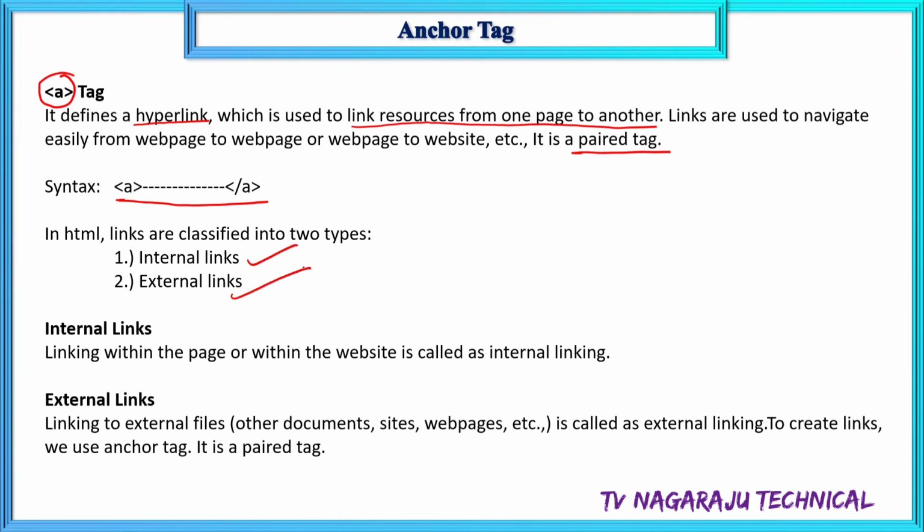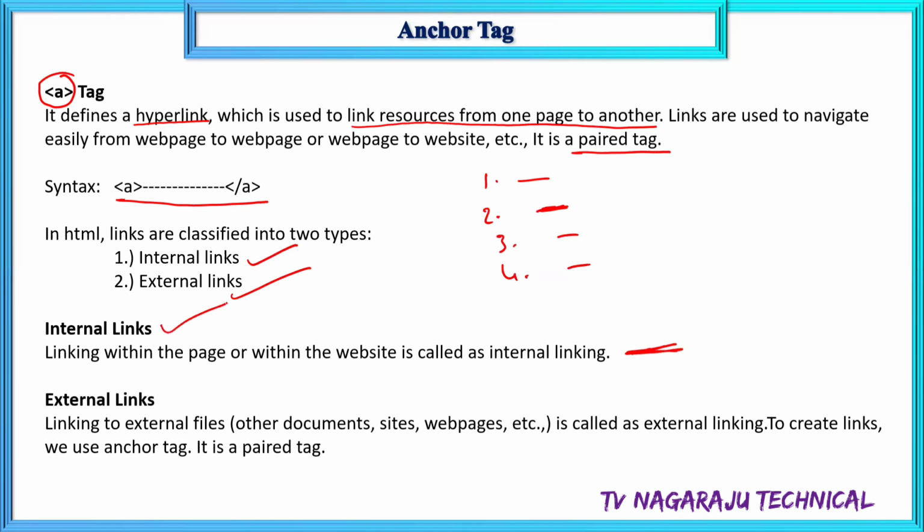What is meant by an internal link? Suppose you click on a link and it opens in the same page. For example, if you open some website, within the website some headings are there, initially 1, 2, 3, 4 like this. If you click on one, we simply move to the bottom of the same web page.